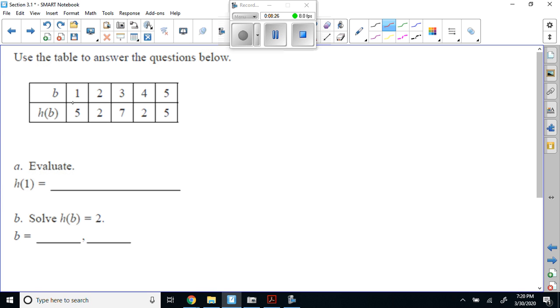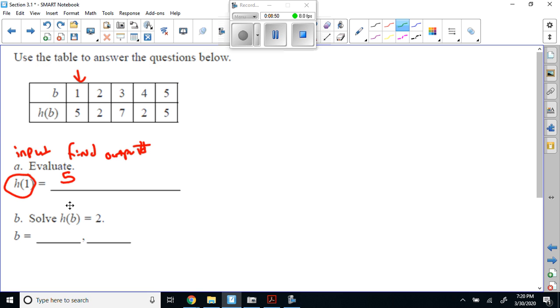If you've got to evaluate a table in function notation, input, output, this is saying here's an input, find the output. So when the input is 1, what's the output? Output's 5.